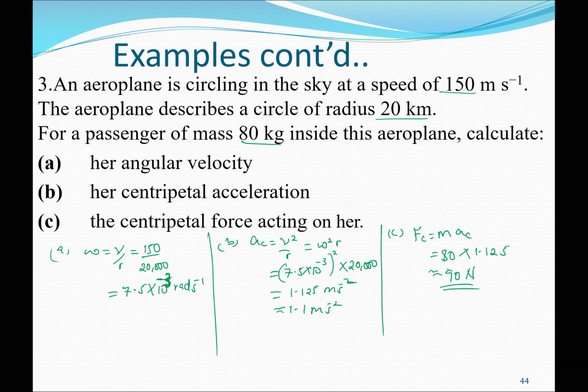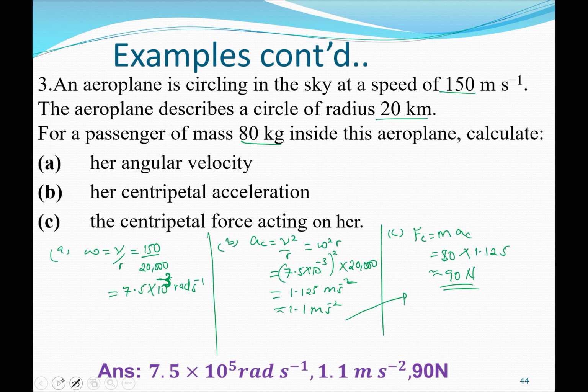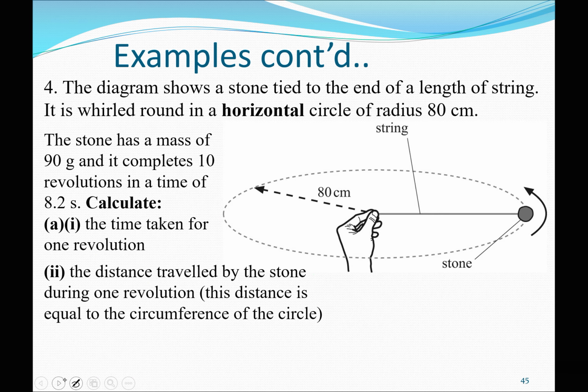If I use 1.1, it will be 88, but it rounds off to the same thing. If I use exactly 1.125, it will be 90. Yeah, I think those answers are correct.